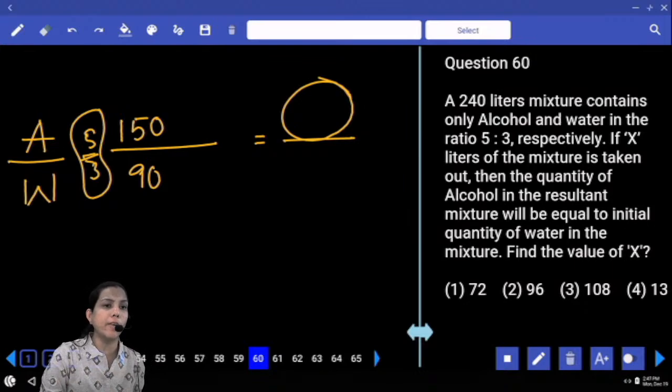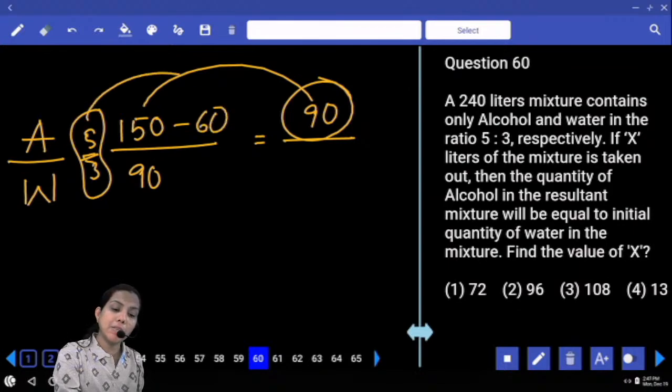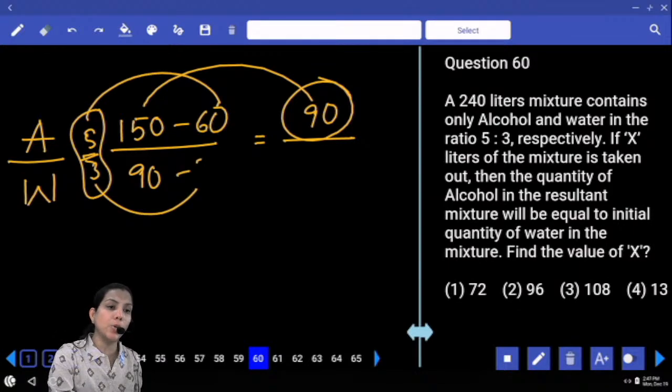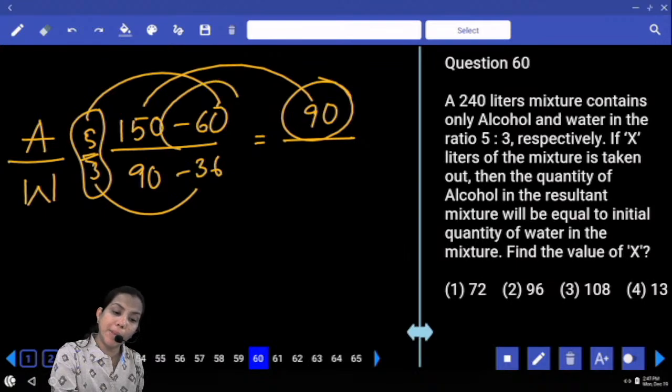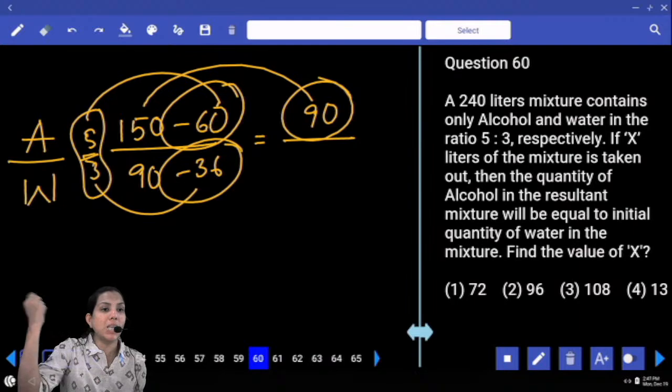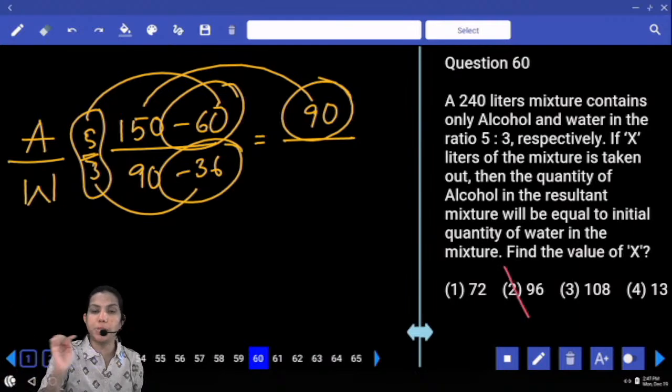What is the initial quantity of water in the mixture? 90. 150 to 90 means how many liters of alcohol taken? 60. If 5 parts value 60 means 3 parts is equal to 36. Alcohol 60, water 36 means how many liters of mixture taken? 96. Second option is the answer.